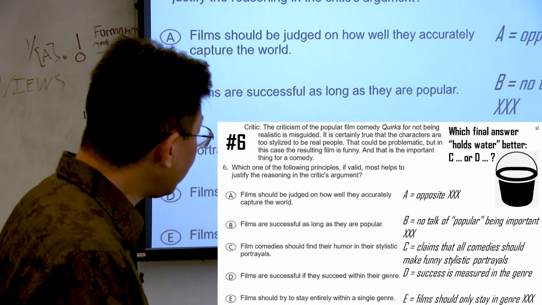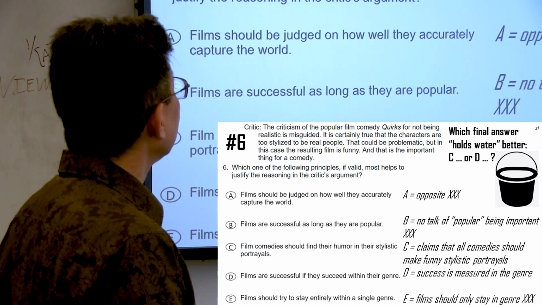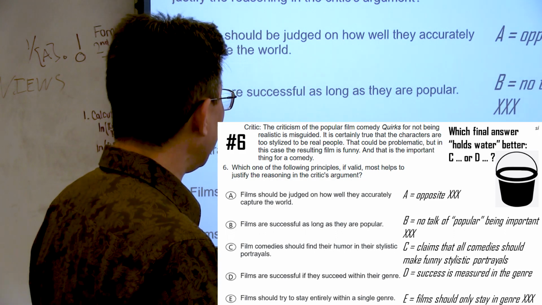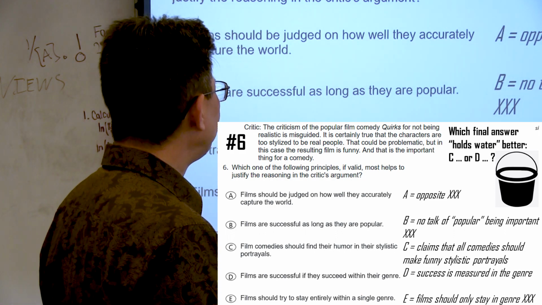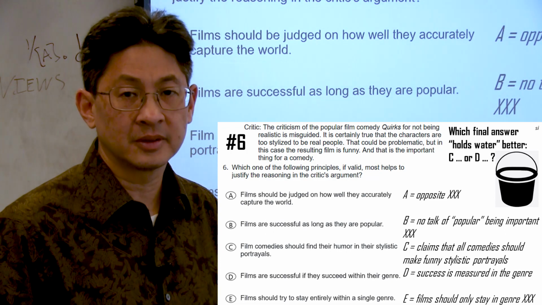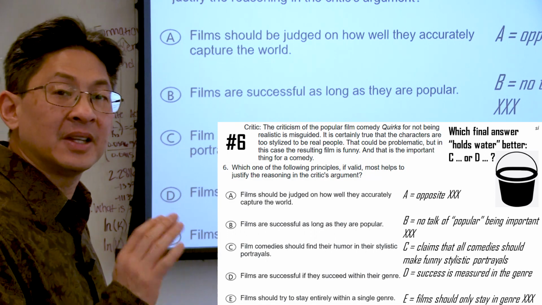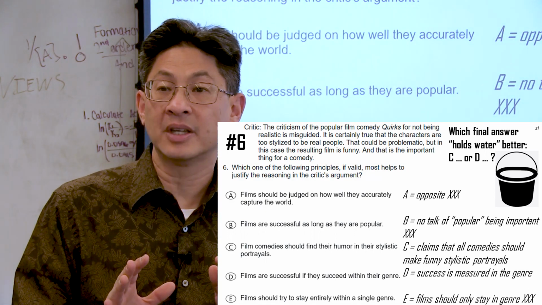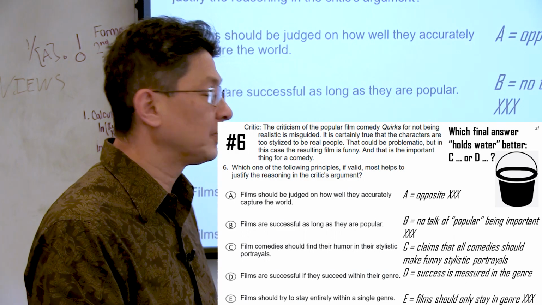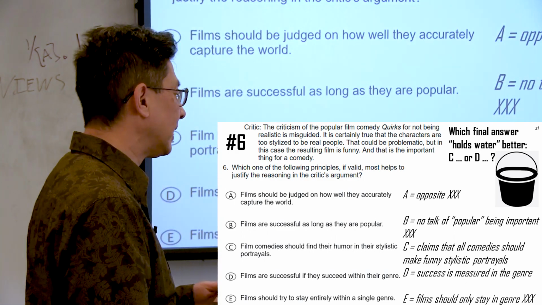Well, that seems possible because it does talk about stylistic portrayals. It talks about how people are stylized. But is it about finding their humor in those portrayals? It's hard to say. Let's pretend, for instance, that you felt like C was an okay answer choice. And so for now, we stick with it, just so we can pretend that that's the case and see what happens next.